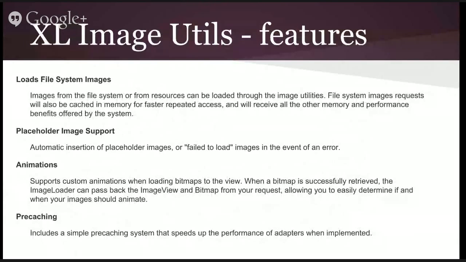You're probably starting to notice that there are some repeated features amongst the libraries. So placeholder image support, as I explained earlier, there's a good reason for that. Being able to load system files, or from assets, or from the file system is nice because it gives you a unified way to request all of your UI assets.